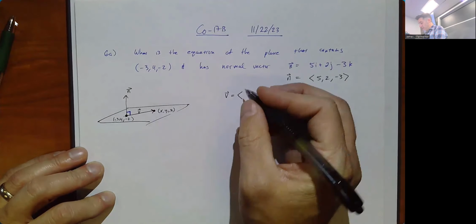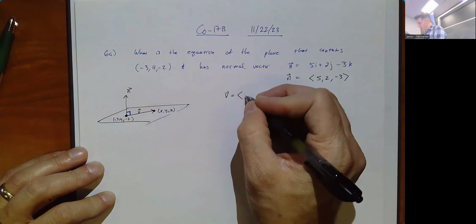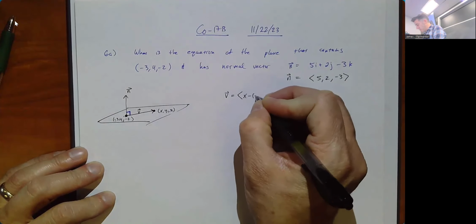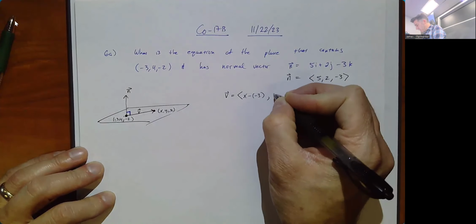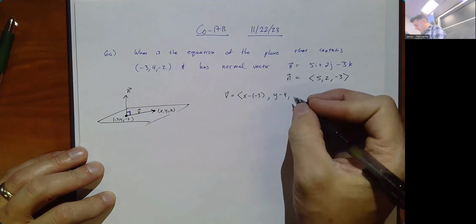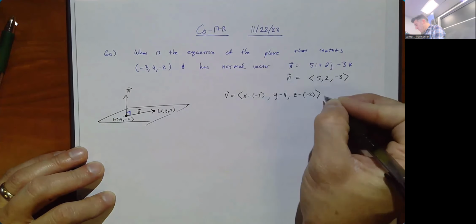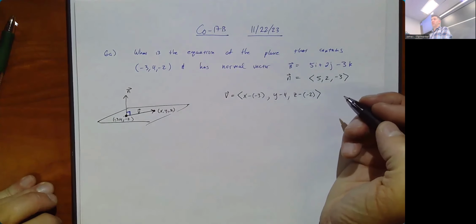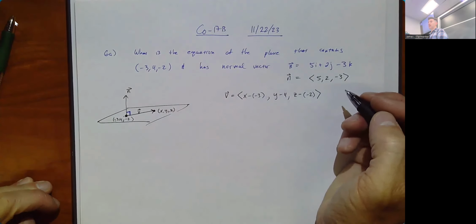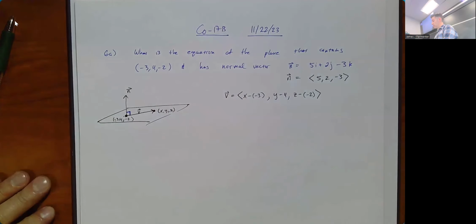So the first component is x minus -3. And then the second is y minus 4. And the third is z minus -2. If you're like me, you should be extra careful when you're writing your z's and your 2's next to each other, because they start to look kind of the same. So just be extra careful when you're writing things.